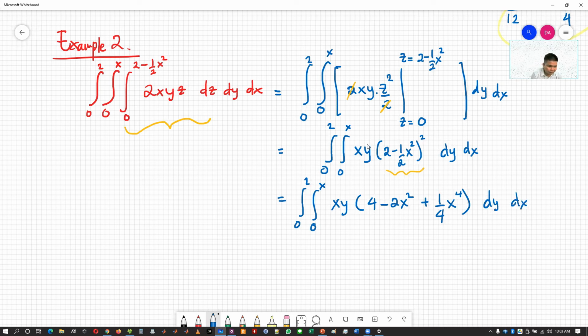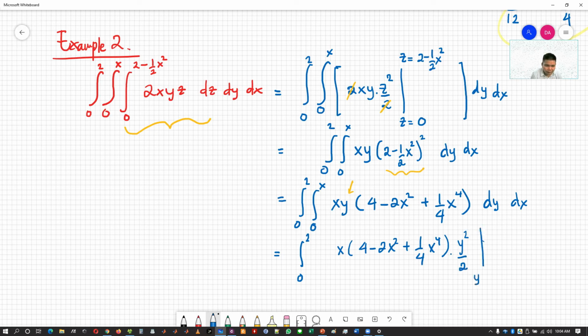Now I will integrate with respect to y itself. I will write down everything in x first: 2x squared plus 1 over 4 x to the power of 4, and then y squared over 2 for the y integral.